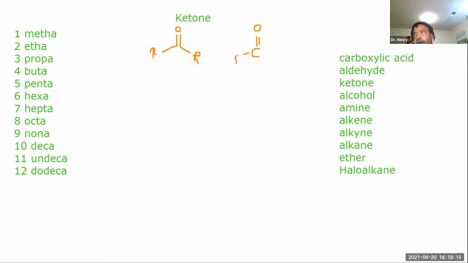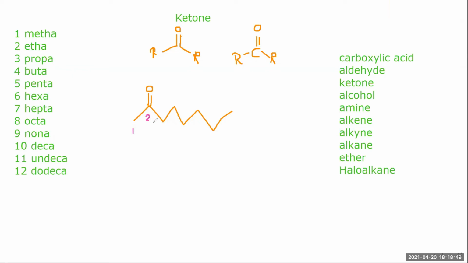And then on each side you have hydrocarbons. The way that you would count it is you count the longest chain, including that carbon, and then you use the number to tell where the double bond is located. So for instance, you use the number to tell the location.